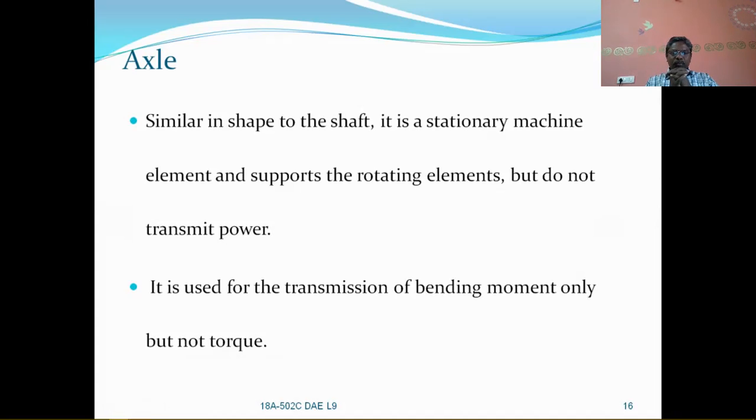That means if you want to design an axle, you only have to design it for bending moment, but not torque. Whereas the shafts are to be designed for both torque as well as bending moment.